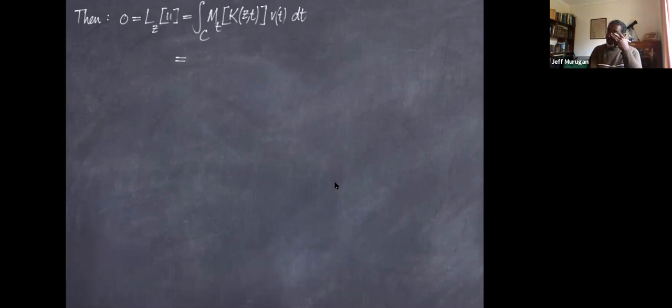And then I gather all my terms and I call that the adjoint of M_t. In other words, when I integrate by parts, I get the kernel K of z and t.